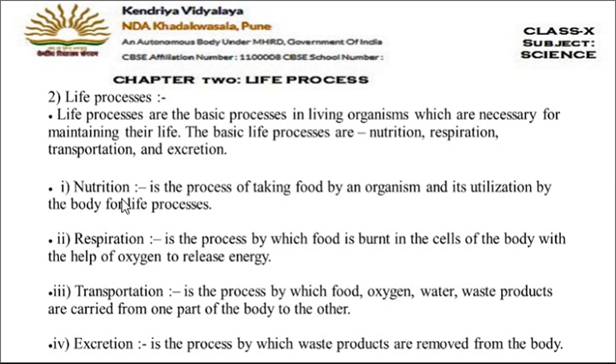Then in each and every cell, the digested food is burned in presence of oxygen and energy is released. So the process starts from taking the food inside and ends with the release of energy. This complete process is called nutrition, that means utilization.